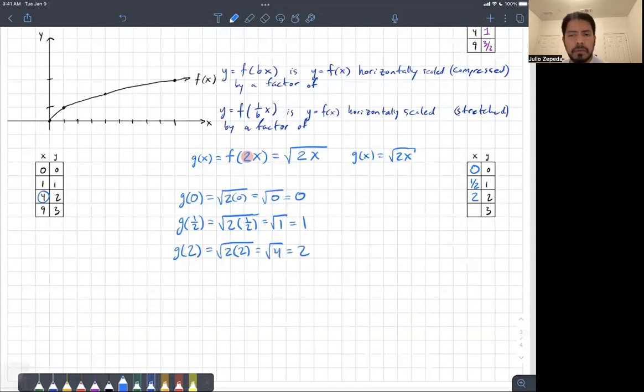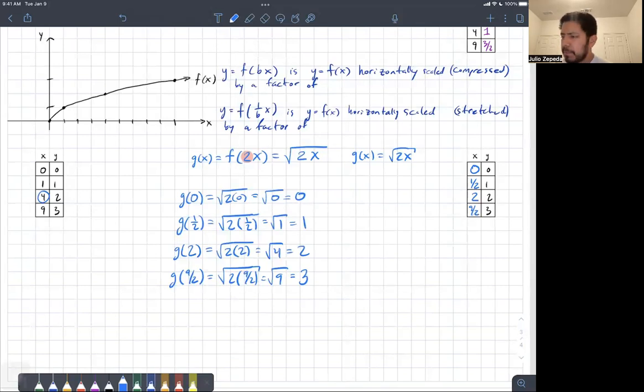So an input of 2 gives me an output of 2. And then the last number I'm going to plug in is 9/2. If I plug in 9/2, I'm going to double that and get a 9 in the square root. The square root of 9 is 3. And so I get 3 as my output for an input of 9/2.